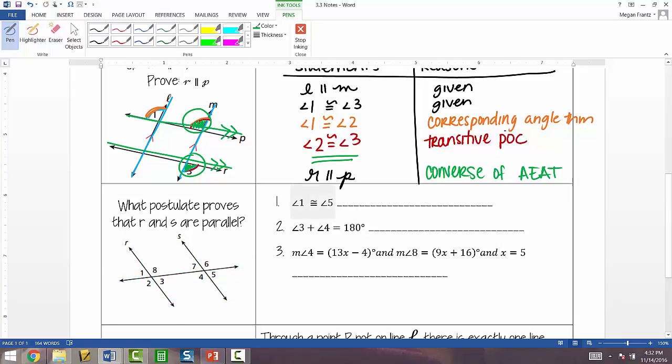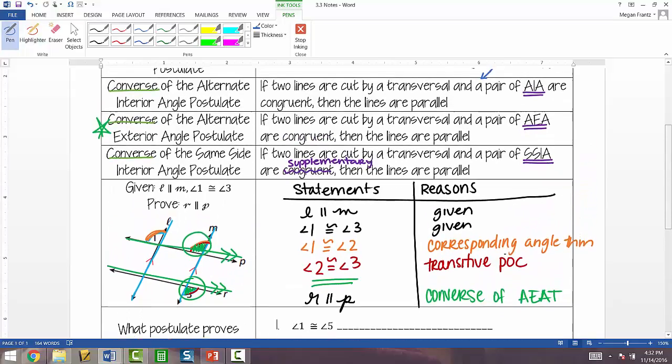So if I tell you 1 and 5 are congruent, so 1's right here and 5's right here, why would those two lines be parallel? So take a look at all of our possibilities. Take a look at our angle relationships.